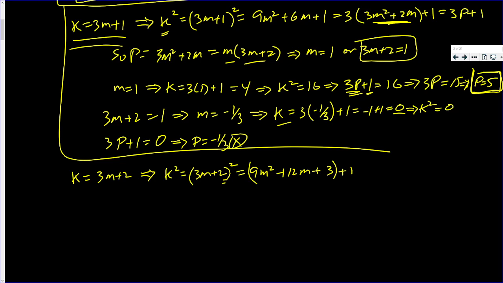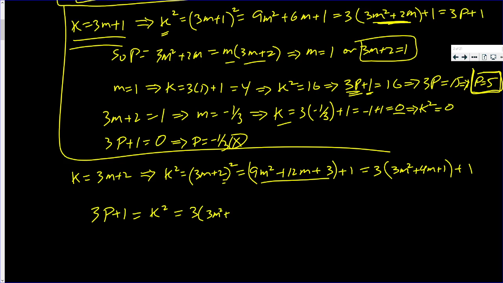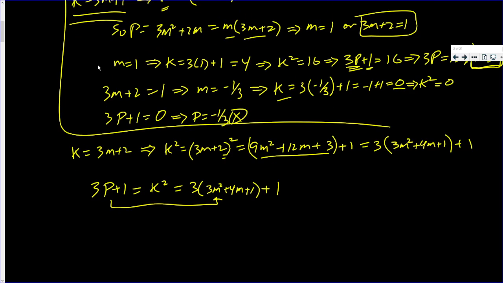I can pull out a 3 from this, and I'll have 3 times 3m squared plus 4m plus 1, plus 1. Okay, well, I want 3p plus 1 to equal k squared, which is 3 times a number plus 1. So p must be 3m squared plus 4m plus 1.